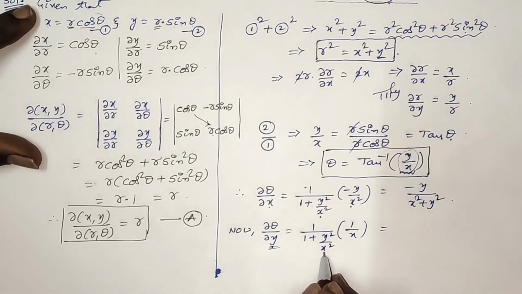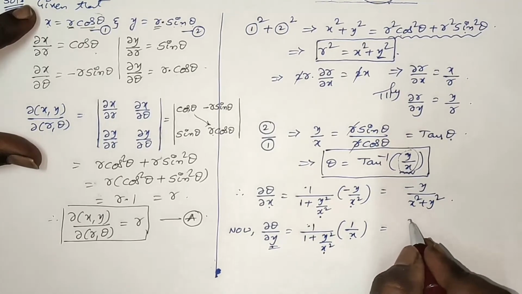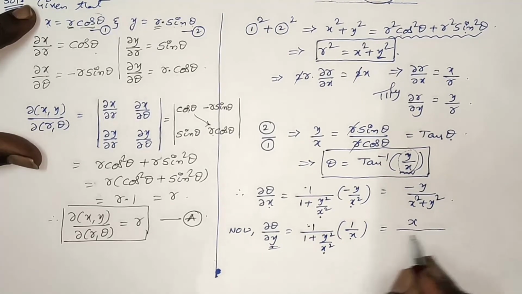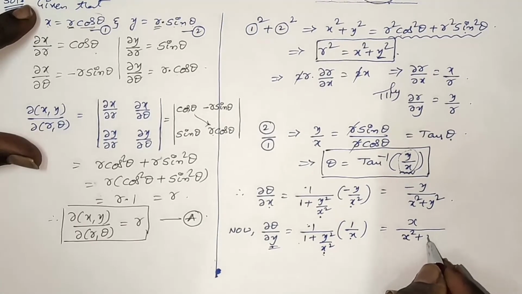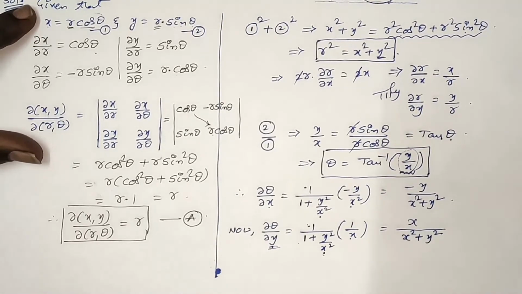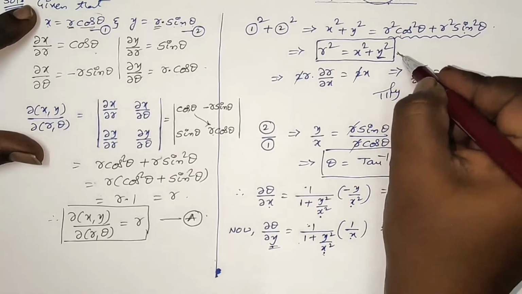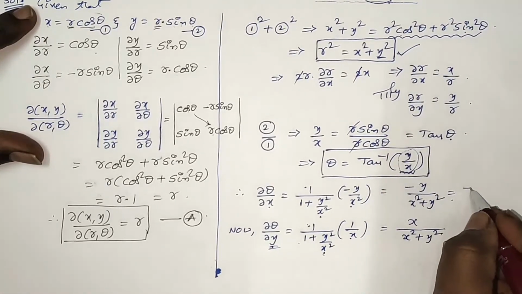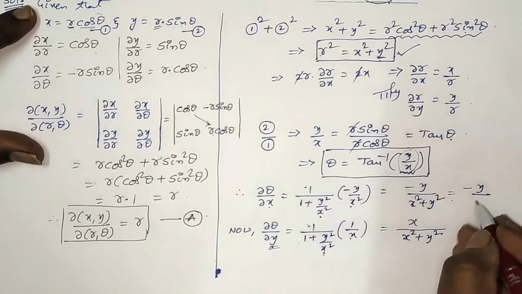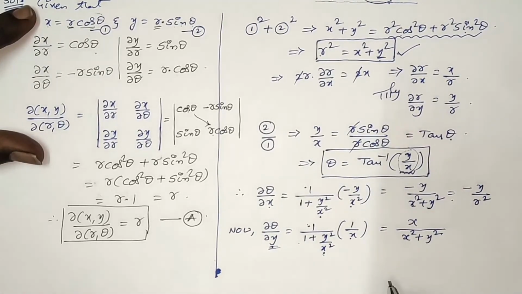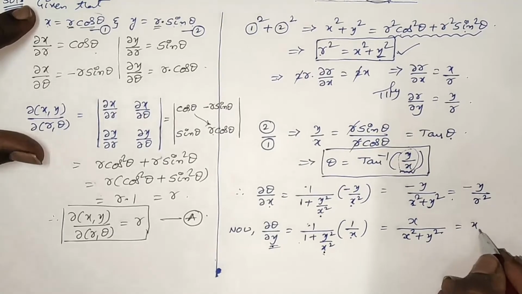So after taking the LCM, this x square becomes numerator, one x getting cancelled, still another x is present in the numerator. Since we are taking the LCM, the denominator should be in the form of x square plus y square. And one more important thing is, from this relation, we can easily notice that denominator x square plus y square is replaced by r square. So x by r square. Here also I am replacing denominator with r square.